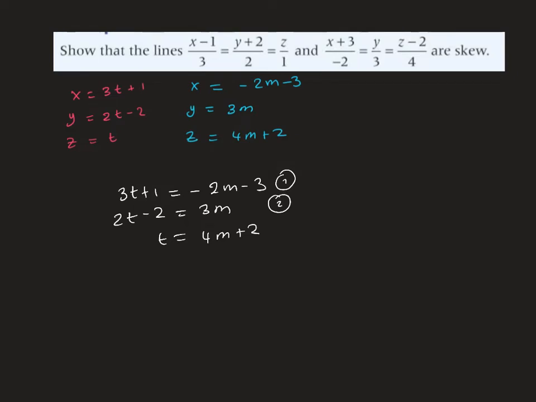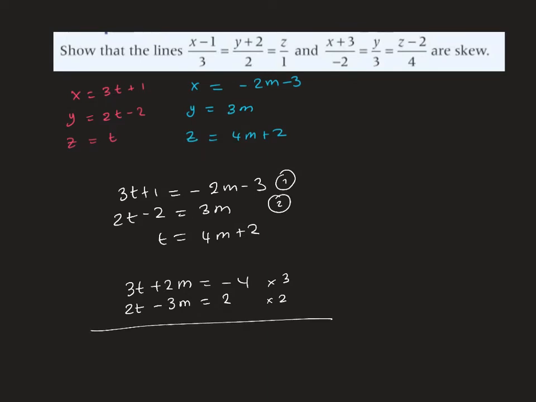So let's just organize them. 3t plus 2m equals minus 4. And 2t minus 3m should equal 2. So let's multiply this equation by 3 and this equation by 2.